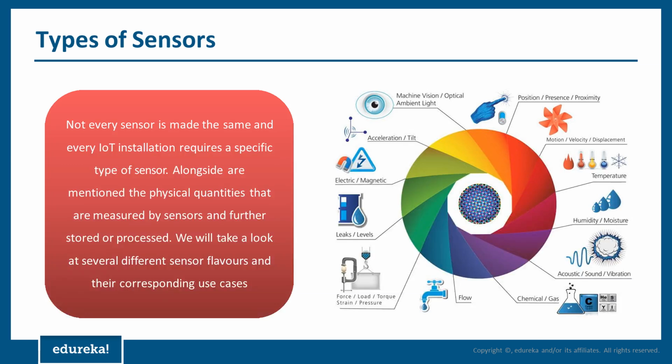So what are the types of sensors? As you can see on the right side, different types of sensors could be position, presence, proximity sensors, motion, velocity, displacement sensors, temperature sensors, humidity, moisture sensors, acoustic, sound, vibration sensors, chemical and gas sensors, fluid flow sensors, force, load, torque, strain, pressure sensors, leak sensors or level sensors, electric, magnetic sensors, acceleration or tilt sensors, machine vision, optical, ambient light sensors.